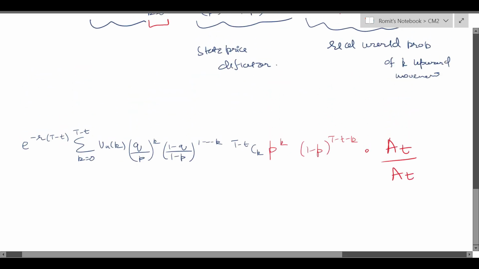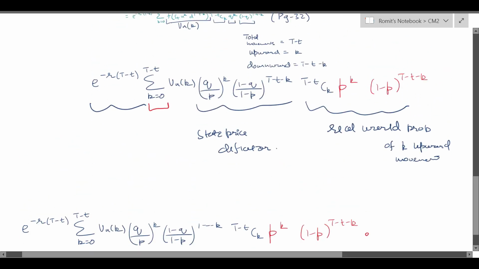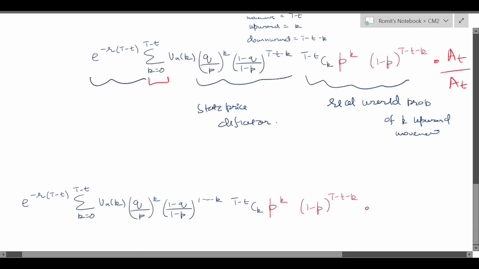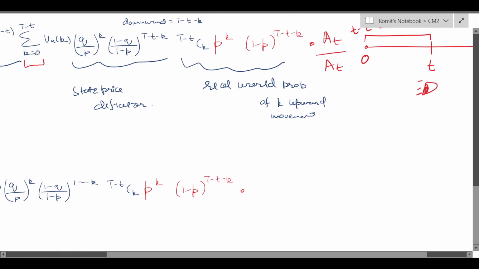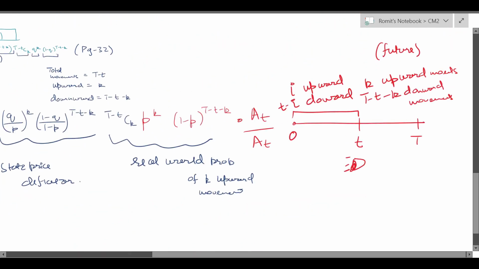So if I do that, let me write it here itself. What is the value of A_t is the question. In the denominator, I'll leave it as A_t. In the numerator, I'll write the exact value it takes.